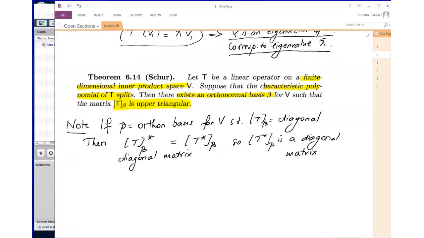One of the nice things about diagonal matrices is that they commute, correct? The product between two diagonal matrices is the same either way, because all you have to do is multiply the diagonal entries, which is number multiplication, which is commutative. Those two are diagonal, so those two commute.